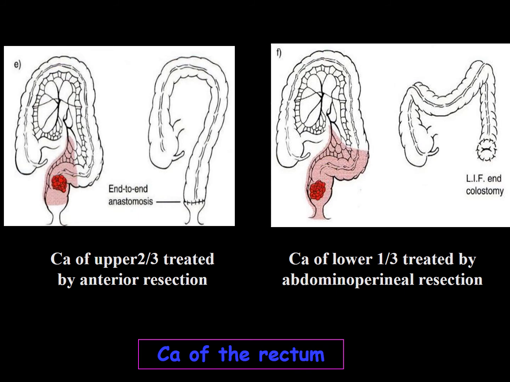The upper 2/3 with anterior resection, we're removing the sigmoid and the rectum and making coloanal anastomosis end-to-end, colorectal anastomosis end-to-end. Or abdominoperineal resection, that's removing the rectum, the anus, and sigmoid colon, and making terminal pelvic colostomy.